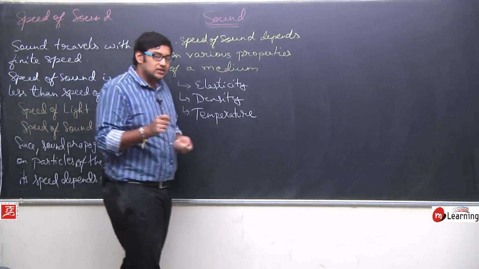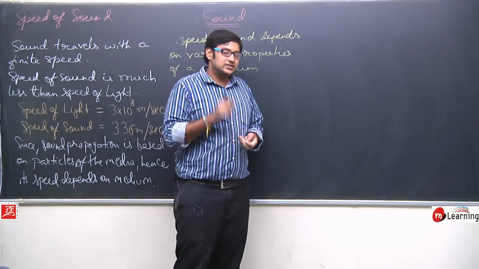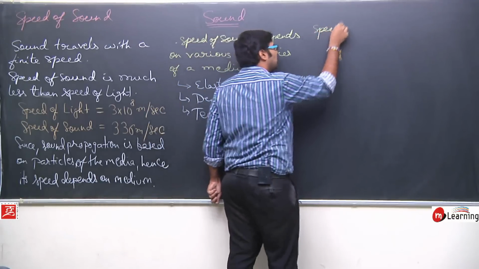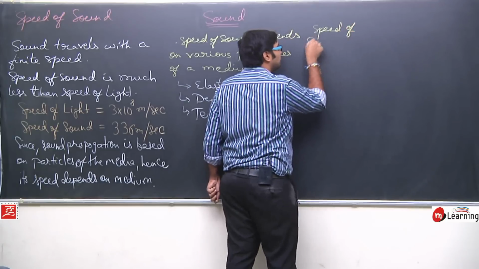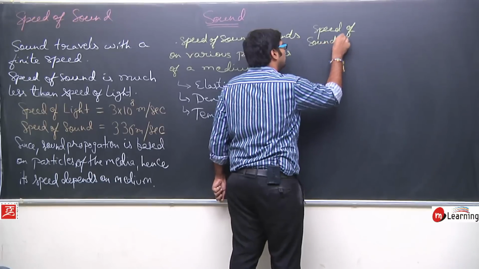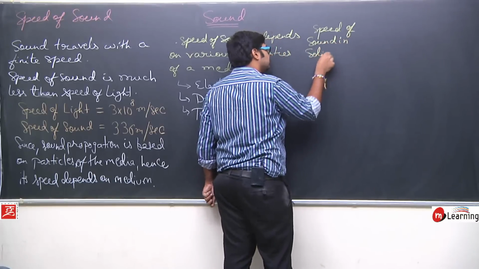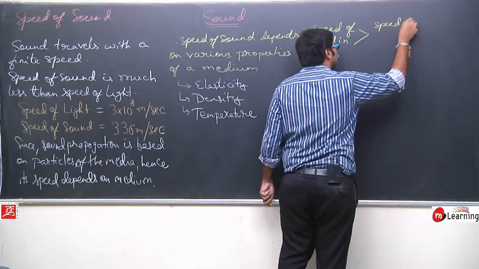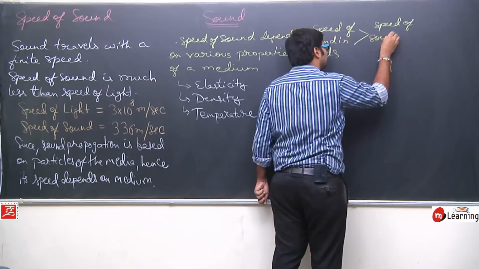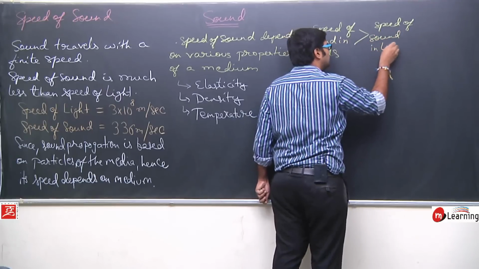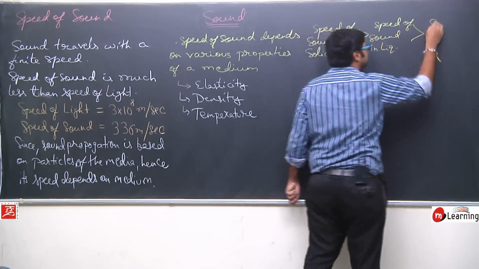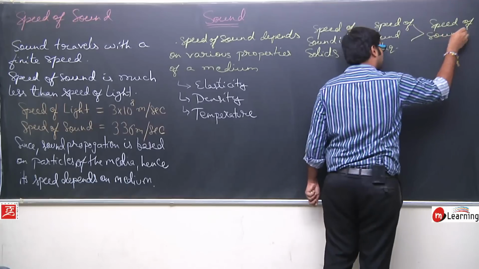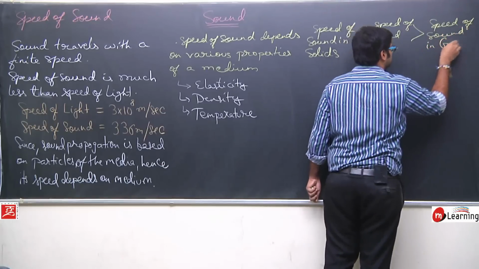But generally, under general conditions, we will find that the speed of sound in solids is greater than the speed of sound in liquids, and this is greater than the speed of sound in gas.